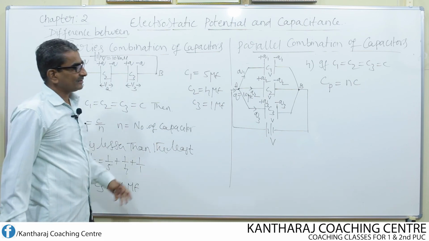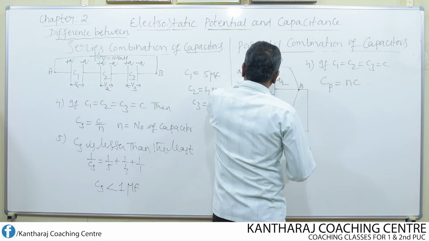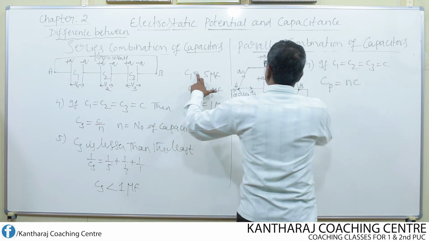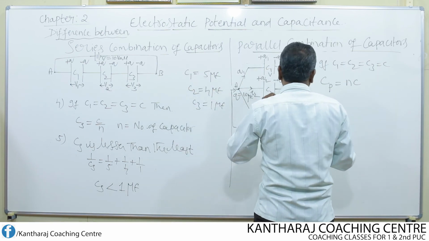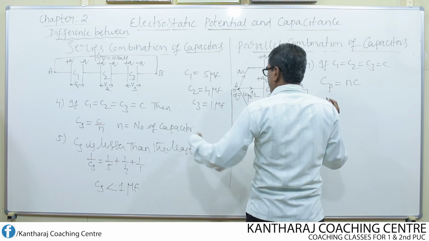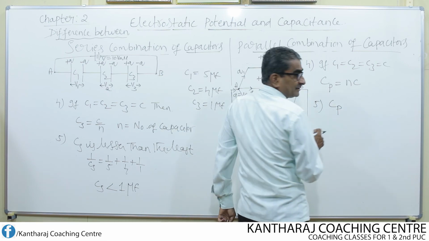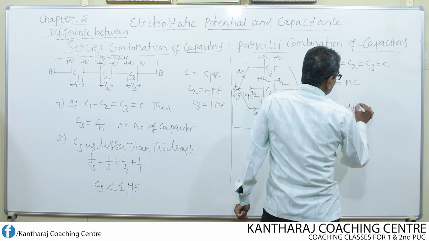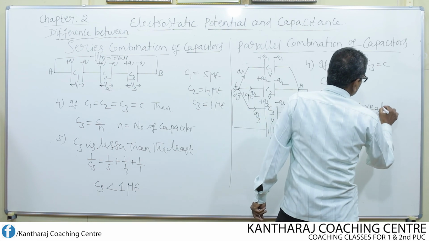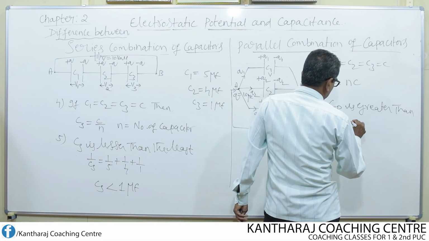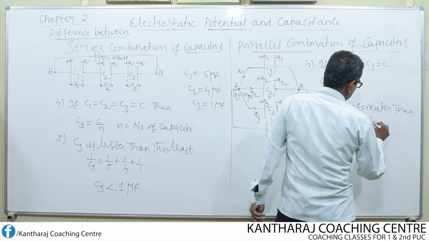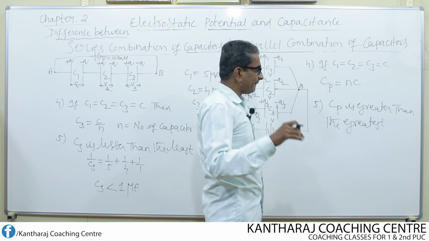In this case, let us consider the same values. C1 5 microfarad, C2 4 microfarad, C3 1 microfarad. So, effective capacitance Cp is greater than the greatest. Okay?